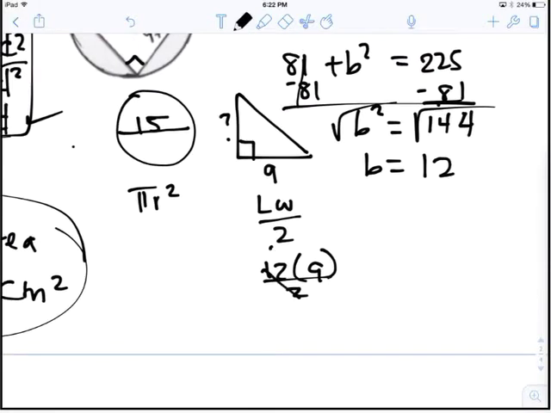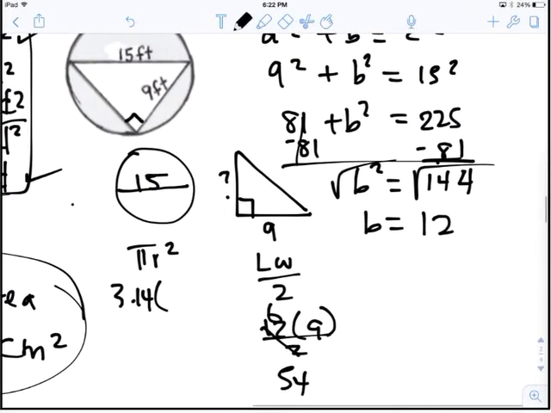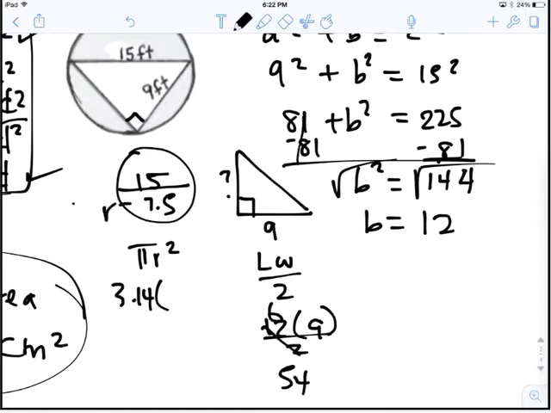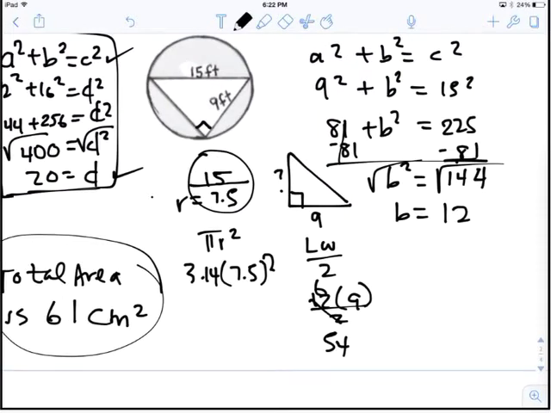So 12 times 9 divided by 2. That goes in 6 times. 6 times 9 is 54, right? And then this is 3.14 times radius 7.5 squared. You don't have to divide by 2 because it's not a semicircle or half a circle.